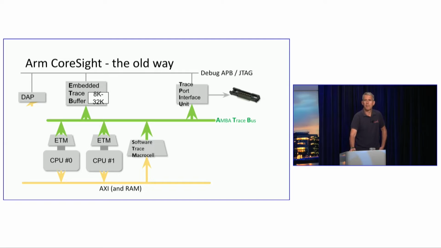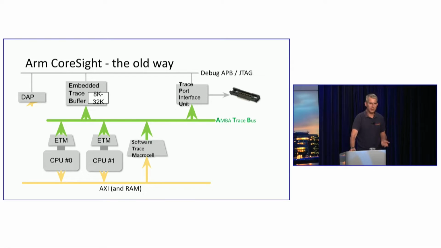So ARM has for a very long time had something called CoreSight, which is the on-chip trace management fabric. And this is used to route trace around the system. So each core will generate trace, some other things can generate trace, and there's an internal trace bus that's dedicated to trace. And one thing you can do is push it out through an external port.